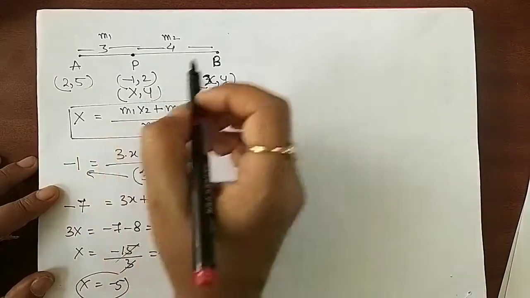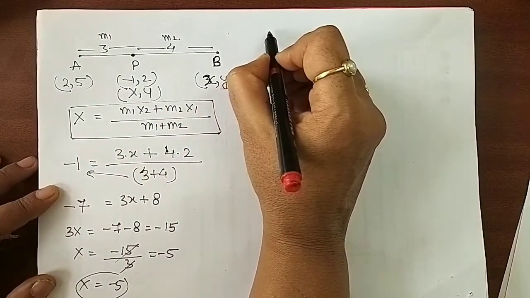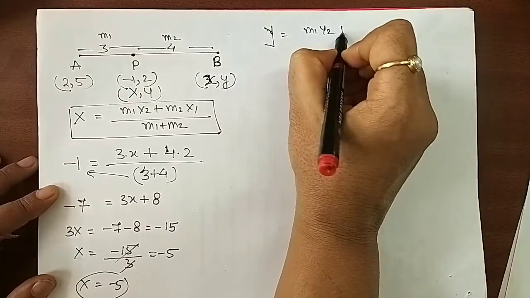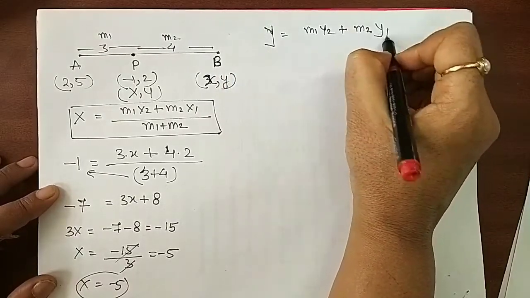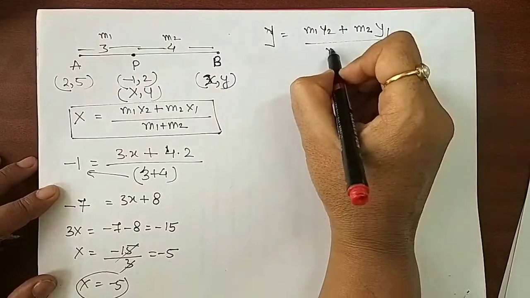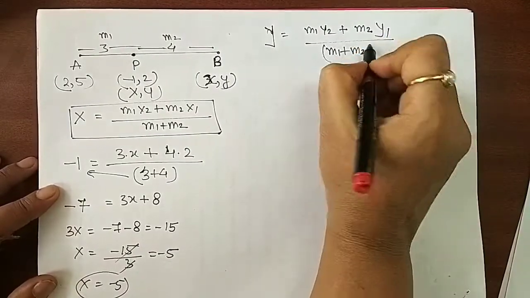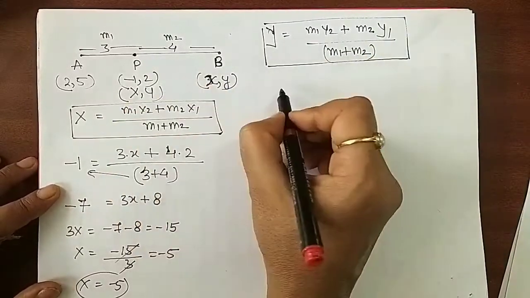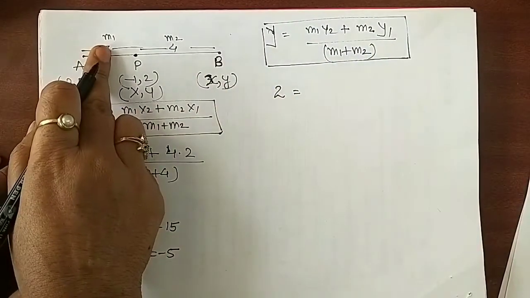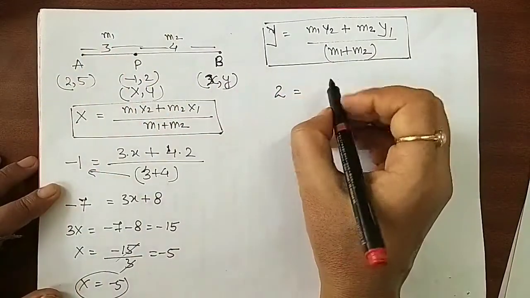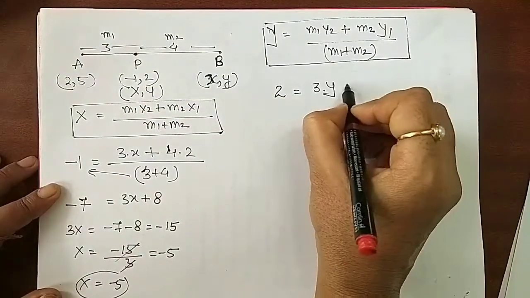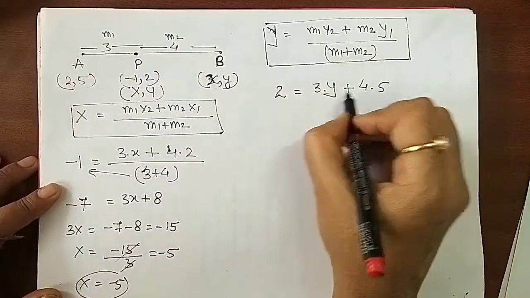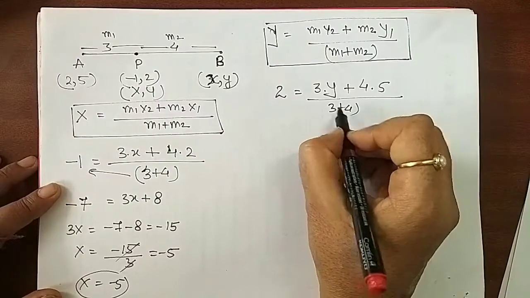Now I need the y point. So the y formula is (m1 y2 plus m2 y1) by (m1 plus m2). Let me fit the values. Y is given, which is 2, m1 is 3 into y, which is unknown, plus m2, which is 4, into y1, which is 5, by 3 plus 4.